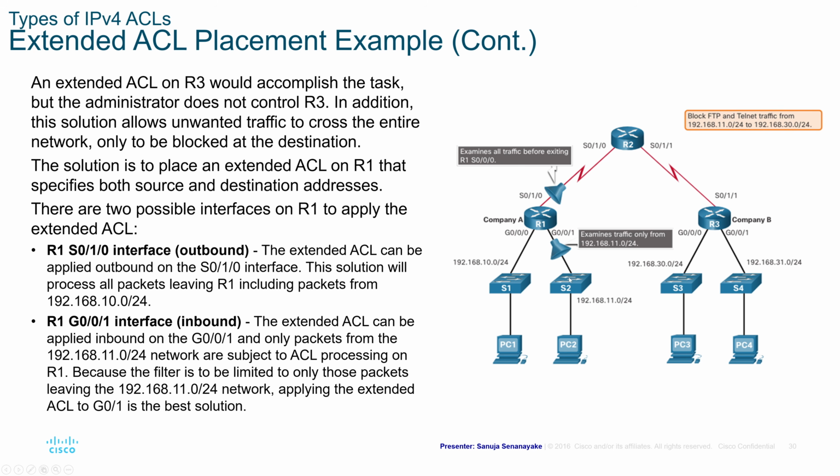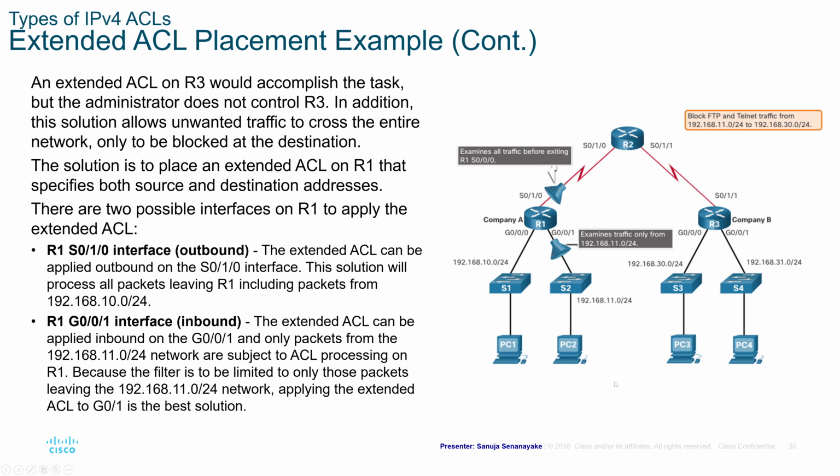So it's going to process every packet coming from here, and it doesn't matter whether the packet originates at the 192.168.10.0 or the 192.168.11.0 network. At the end of the day, it all gets processed because the ACL is applied to S0/1/0, right? The other option is the R1 G0/0/1 interface, the inbound interface, which applies only to this side of the network infrastructure.